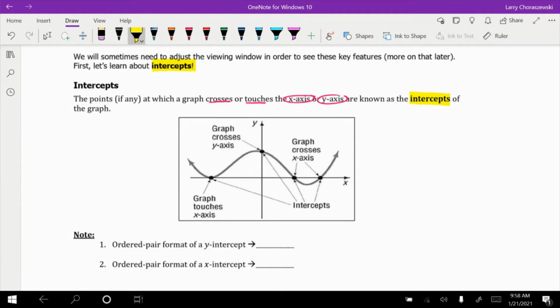Here's a diagram from our textbook, which points out where the intercepts of this graph would be. Where the graph is crossing the y-axis, this point right here, that would be an intercept. But because it's crossing the y-axis, we could further classify it as a y-intercept, which I usually just indicate by y-int.